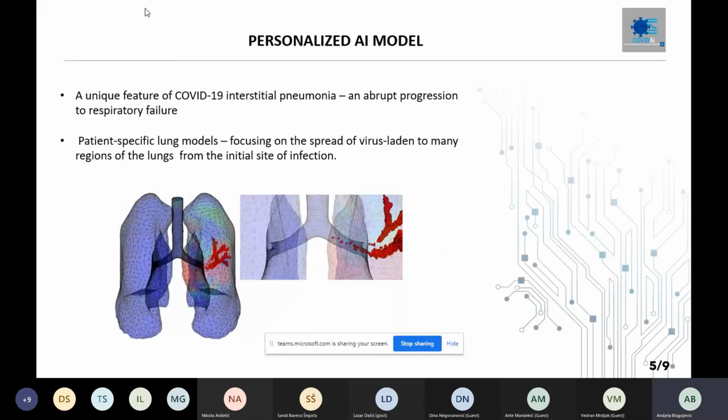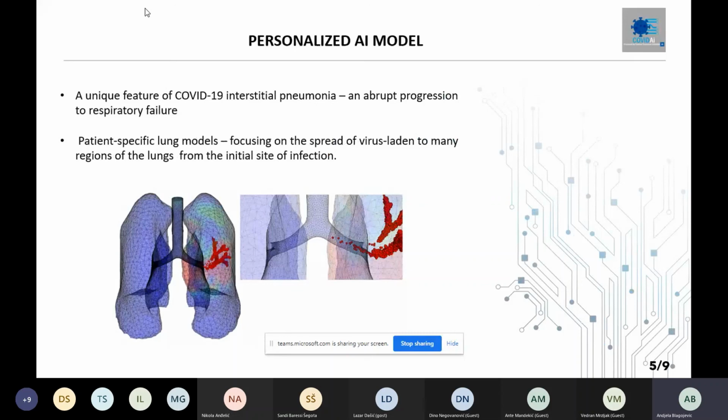The second part of the personalized model is a patient-specific lung model based on finite element analysis. We concluded that COVID-19 pneumonia has some unique features, namely fast progression to respiratory failure.